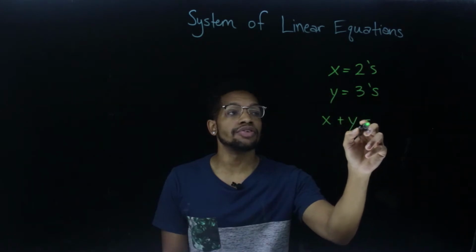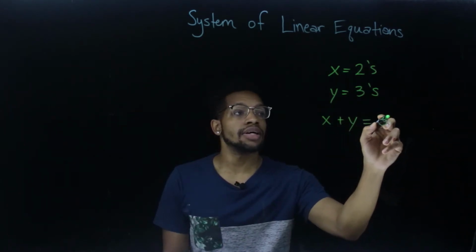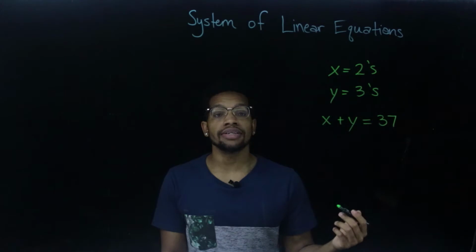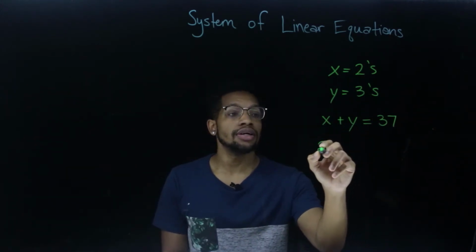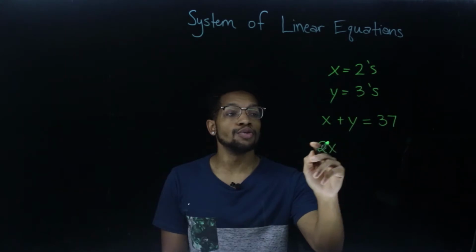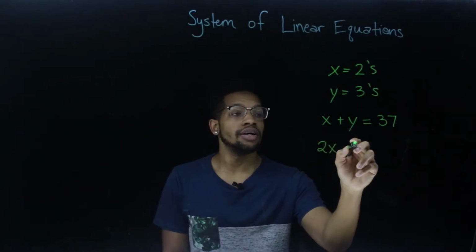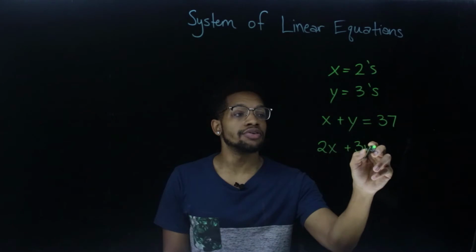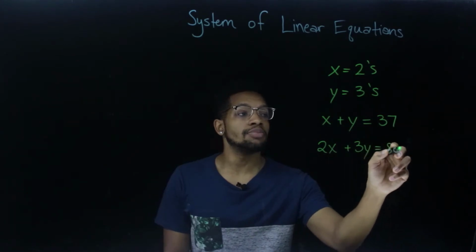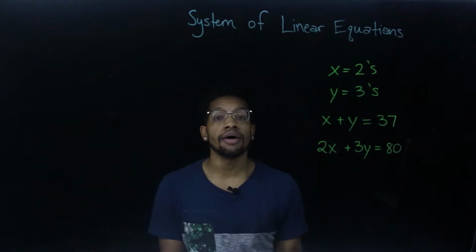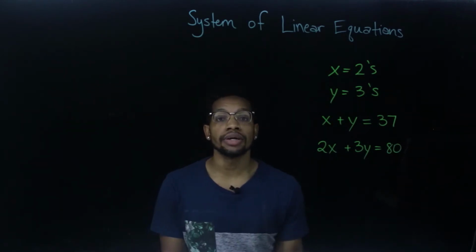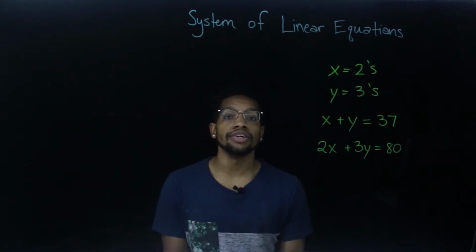We're not really considering free throws right now, but let's say we made 37 baskets total, and we scored 80 points, and those points came from 2 points for every 2, obviously, and then 3 points for every 3, totaling 80 points. So stick around for the end of the video. I'm gonna show you how to figure out how many 2s they made and how many 3s they made using a system of linear equations.